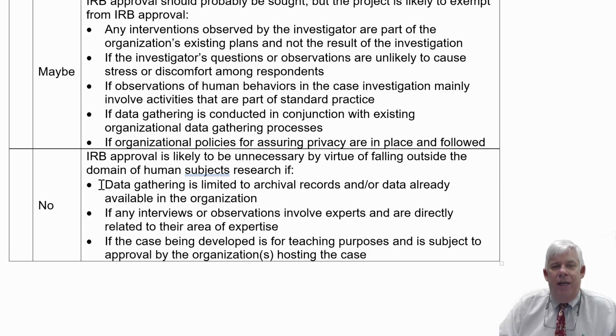So if your data gathering is limited to archival records within the organization, you're not actually going out and acquiring data from individuals, then that doesn't fit human subject research. Now, the data may relate to human subjects, but as long as you are not inadvertently violating privacy, you haven't been collecting it, so what you're doing is not considered human subjects research.